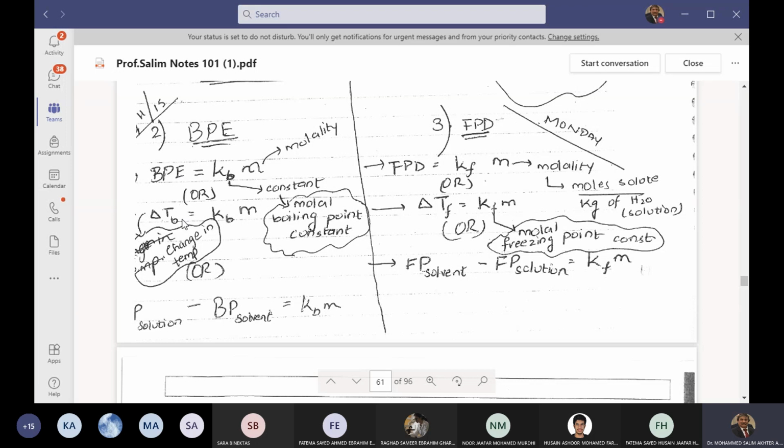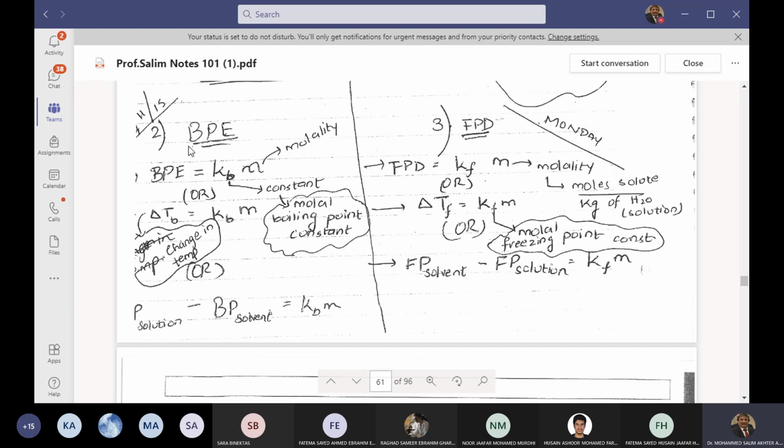Boiling point elevation is boiling point of solution minus boiling point of solvent. In case of FPD, it is freezing point of solvent minus solution. So please, my friend, remember all these.